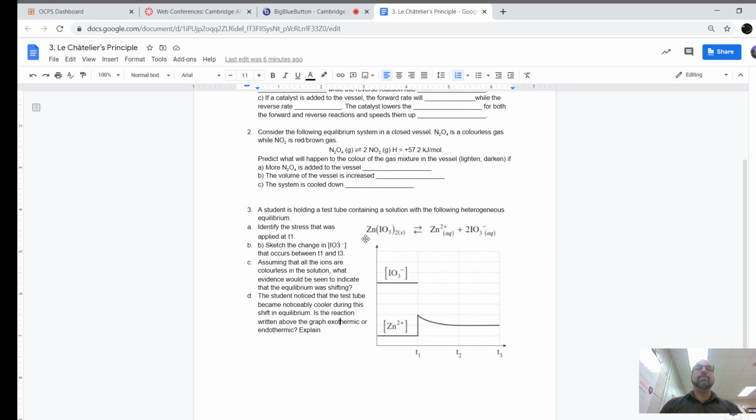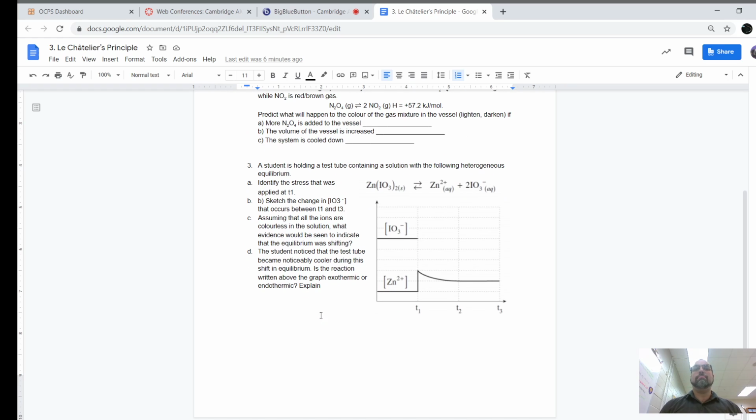The reverse reaction is endothermic. Is the reaction written above the graph exothermic or endothermic? Typically, when we determine our reaction, we go from left to right. And if we go from right to left and it's endothermic, then left to right should be exothermic.